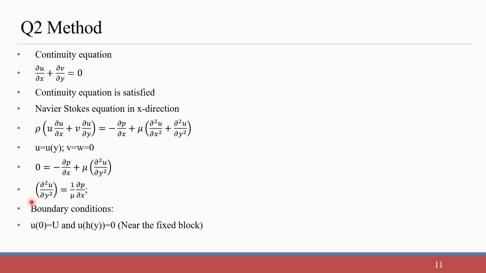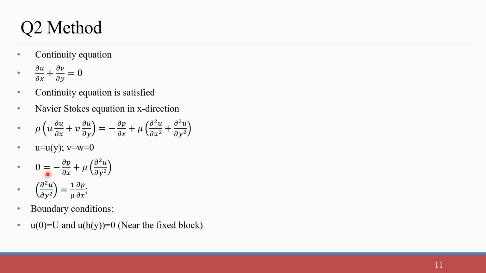We simplified all the terms and arrived at the final equation. If we integrate this equation and apply the given boundary conditions, we will get the exact equation for u as a function of y.